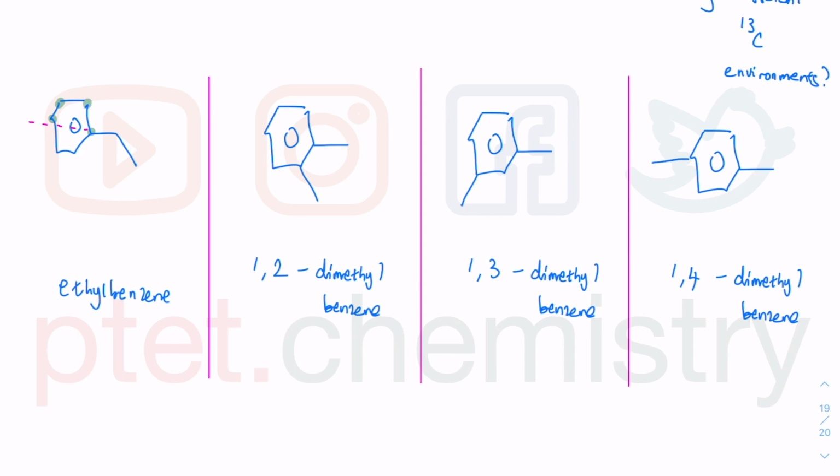I'm just highlighting the different carbons. So I have 1, 2, 3, 4, 5, 6. I have 6 different carbon environments. So I'm looking for 6 peaks in carbon NMR. So this must be isomer number 4.